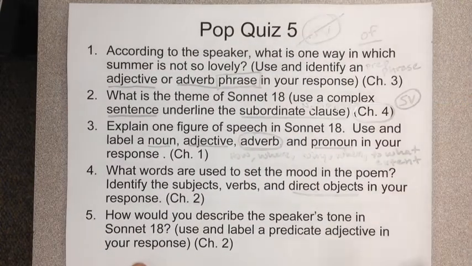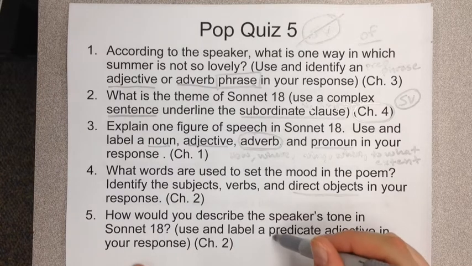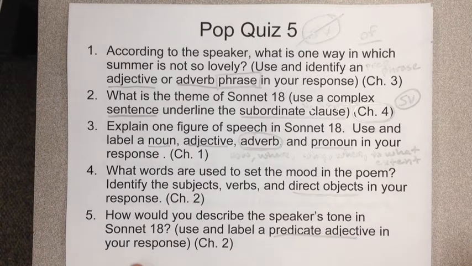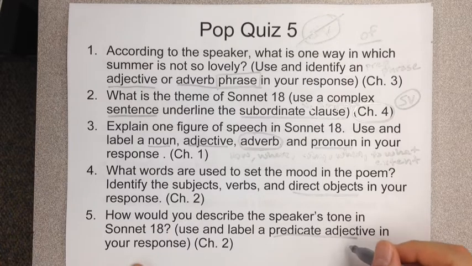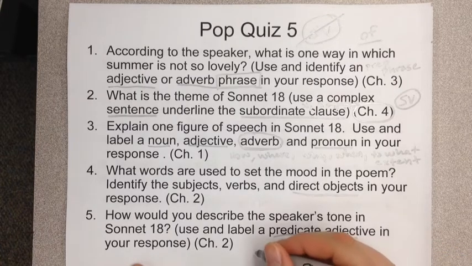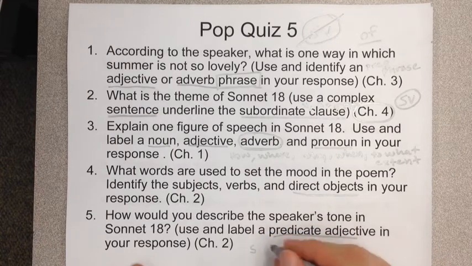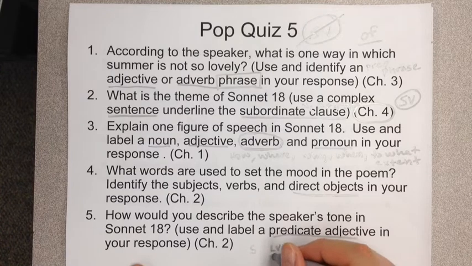5. How would you describe the speaker's tone in Sonnet 18? Use and label a predicate adjective in your response. So a predicate adjective comes after a linking verb. In a sentence with a predicate adjective, you'll start with a subject, then you'll have a linking verb. A linking verb is a verb that can be replaced with an equal sign.